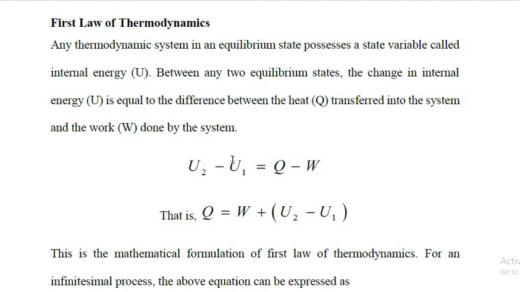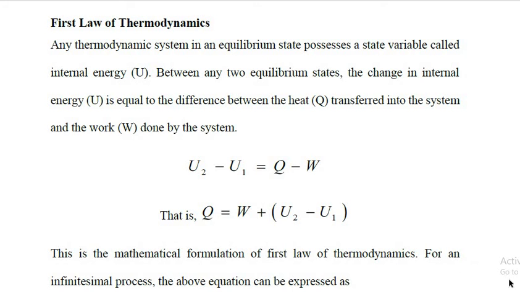Between any two equilibrium states, the change in internal energy is equal to the difference between the heat Q transferred into the system and the work done by the system. That is, upon rearranging this equation, we can write Q is equal to W plus U2 minus U1. This is the mathematical formulation of the first law of thermodynamics.